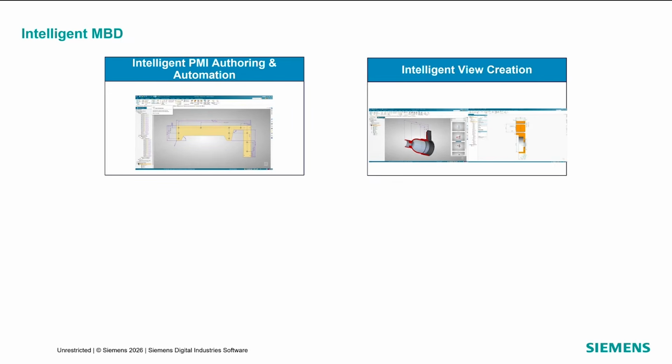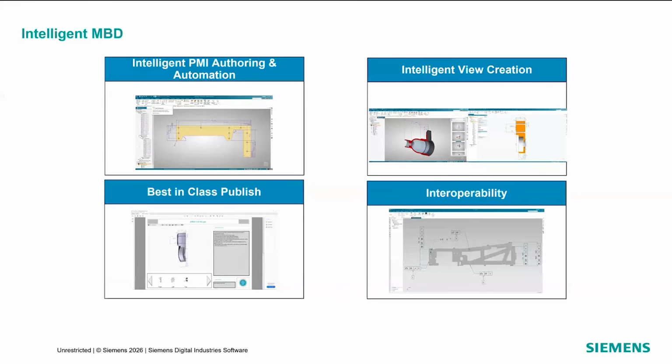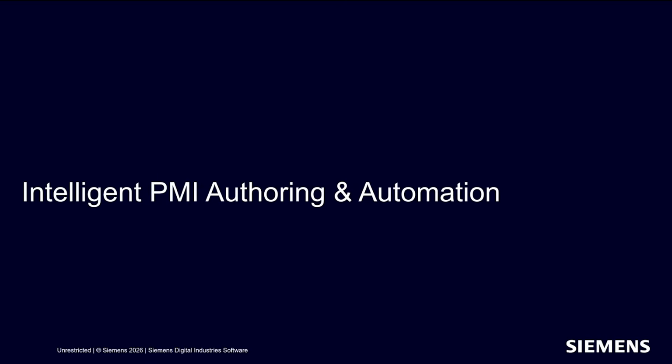And again, we have some automation tools for this as well. Then you can either publish it, as I mentioned, to 3D PDF, or take it downstream to other Designcenter applications and do it that way. So let's get started with PMI authoring and automation, and in this case, intelligently.